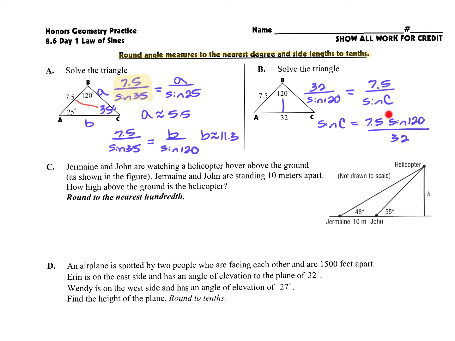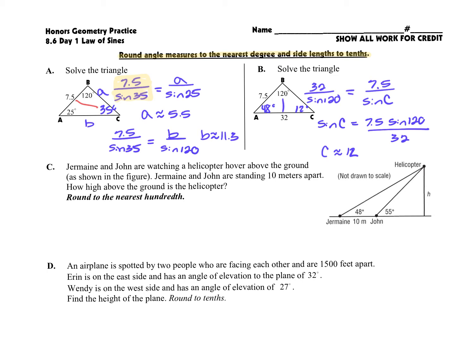This is going to give you a decimal. You will need to do your inverse sine to actually get the measure of angle C to be approximately 12 degrees. I'm going to put that angle 12 back into my picture because that's going to help me better visualize how to find this last angle.